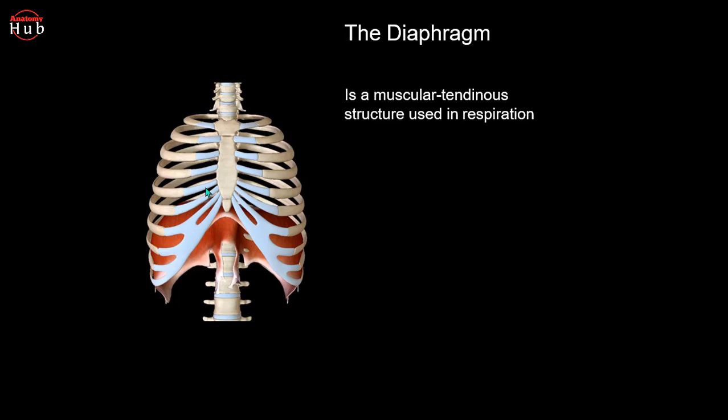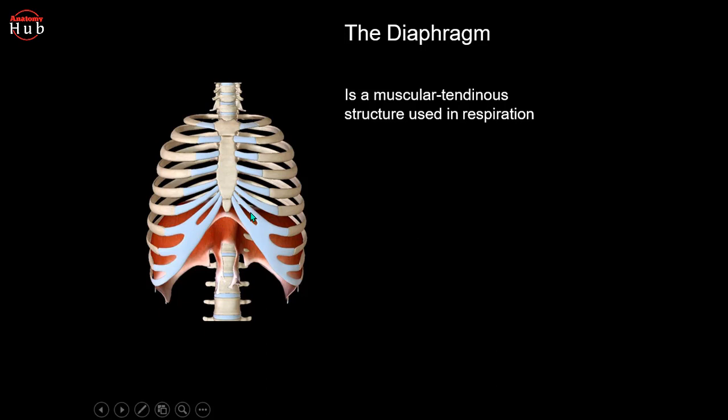It serves two main functions, mainly it separates the thoracic cavity from the abdominal cavity, and the word diaphragm is derived from the Greek word diaphragma, meaning partition.